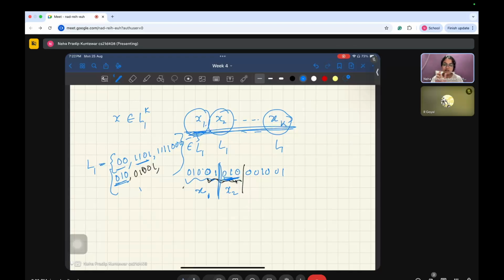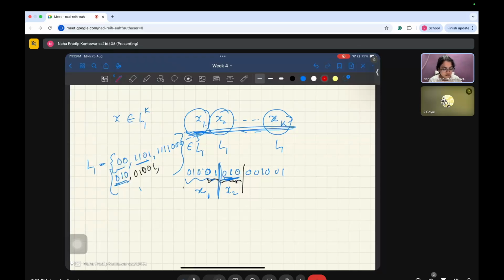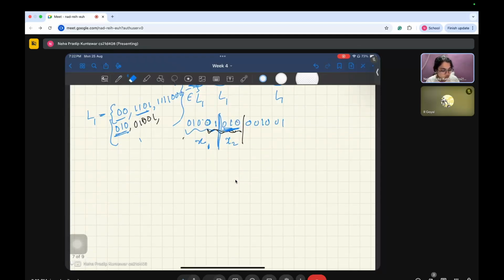Only thing is that we will go through all possible partitions of x1 to xk, so that count could actually be very large. Let's first do a very naive way of counting. I want one pointer to tell me where x1 starts, another where x2 starts, a third where x3 starts, and so on.